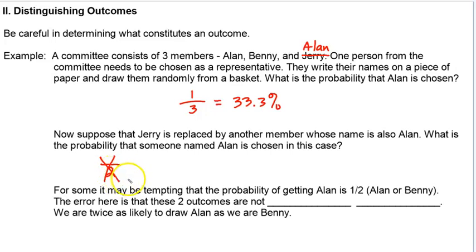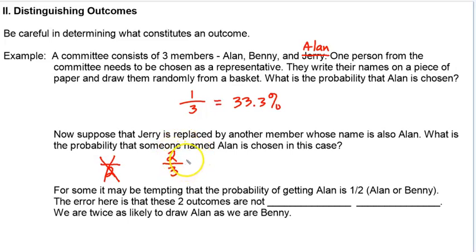So we still have 3 total possible equally likely outcomes. It's just that my numerator is going to change because now with 2 Alans I have double the possibility of choosing Alan versus Ben. So the number of favorable outcomes has changed because there's 2 Alans, then my numerator is 2.